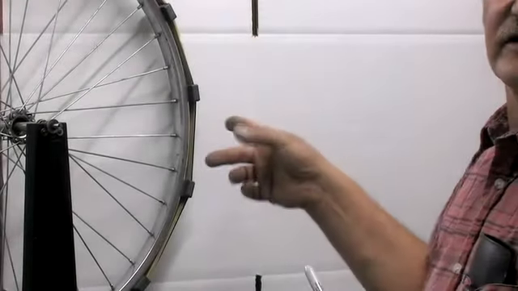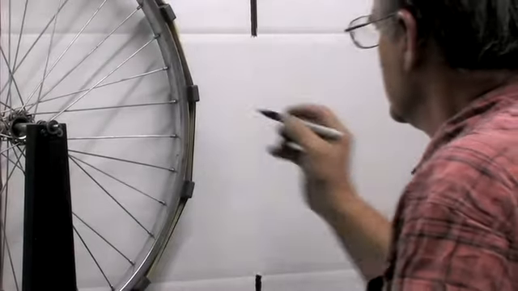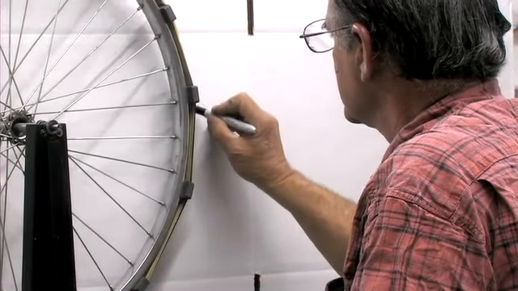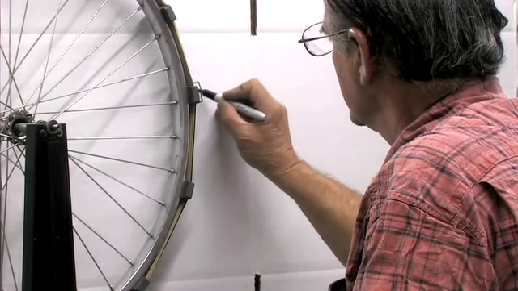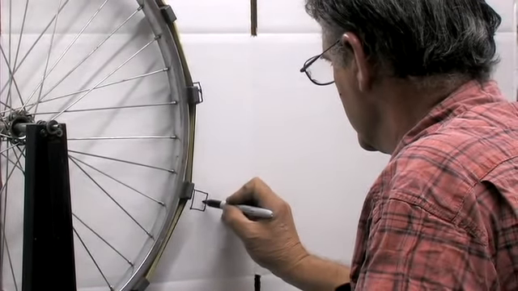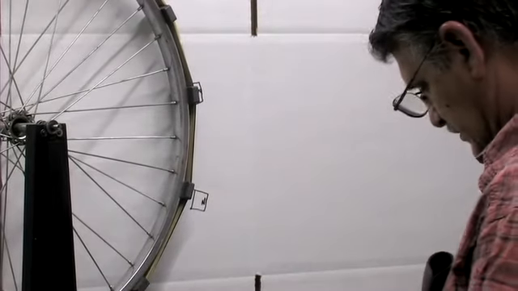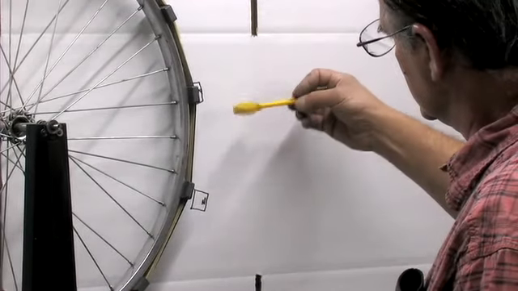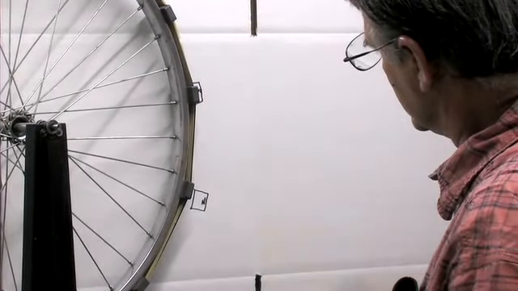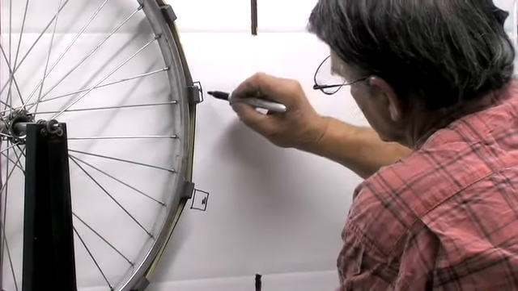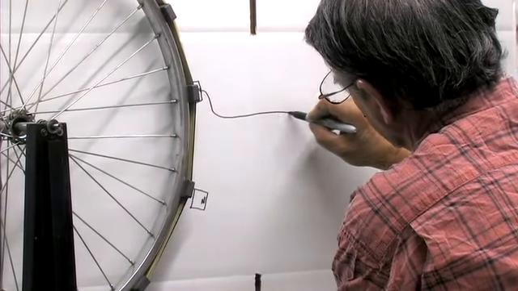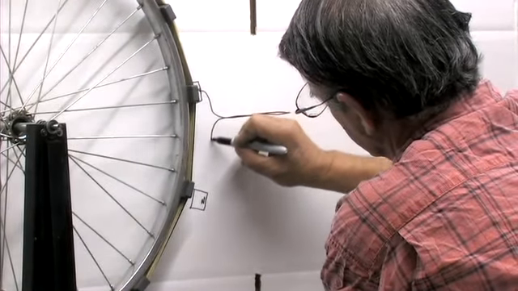Okay, but we're going to map these fields right now. Okay, so what we have is a north pole here, and a north here. So we have a south that does this.